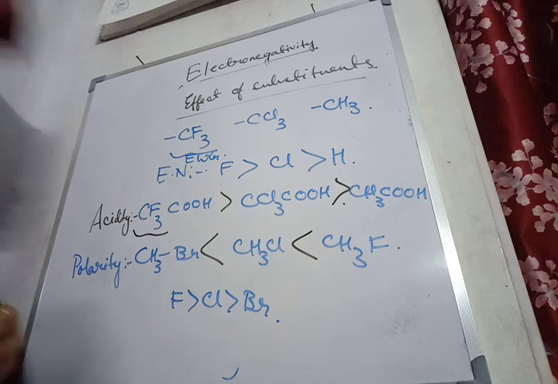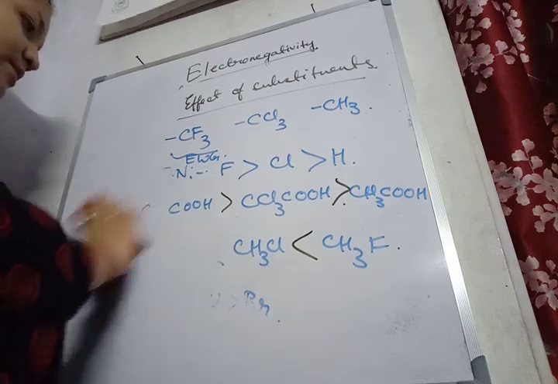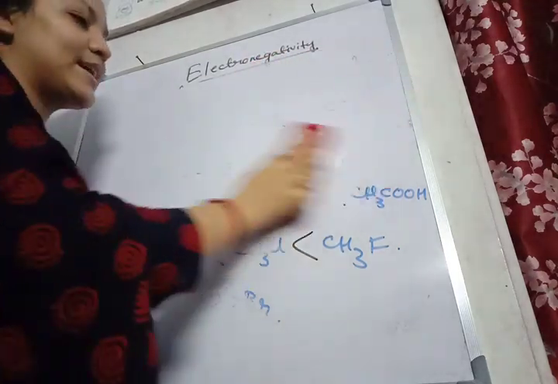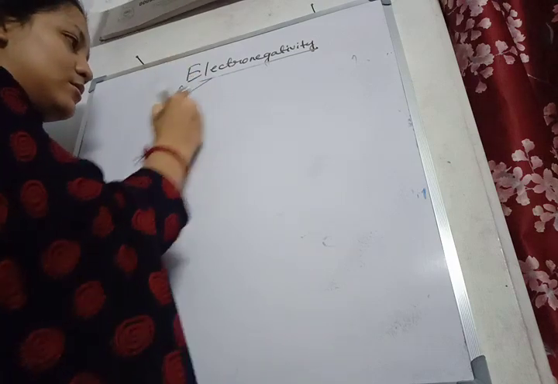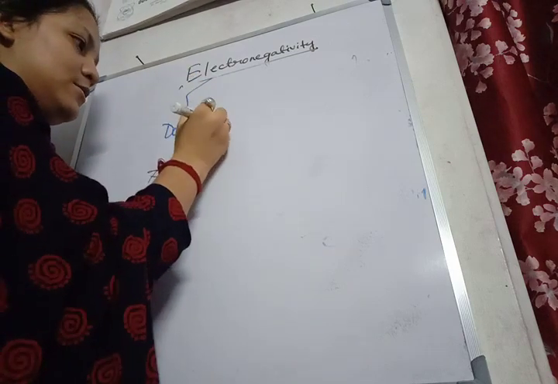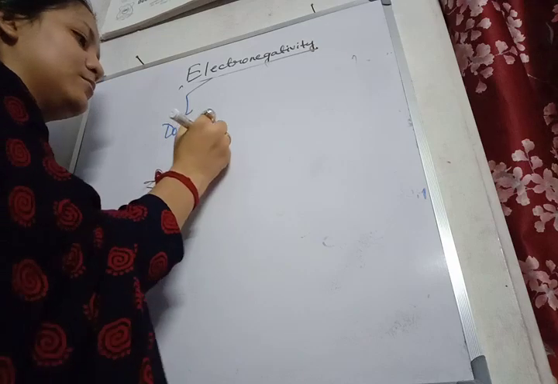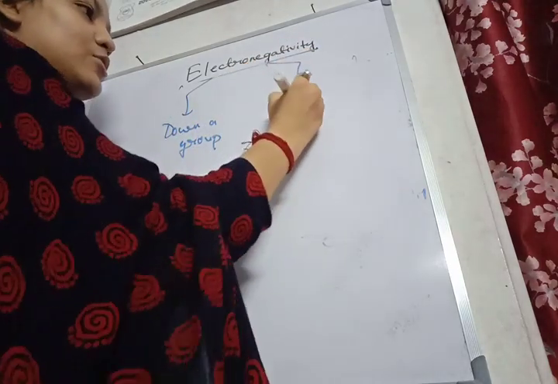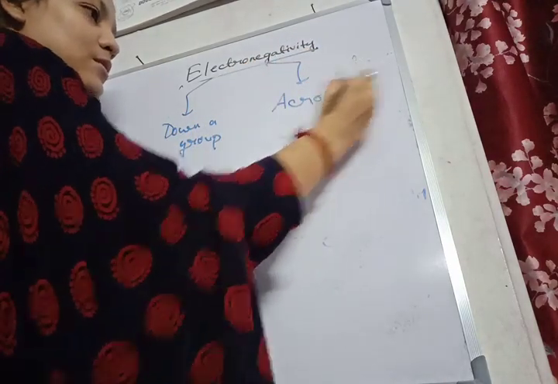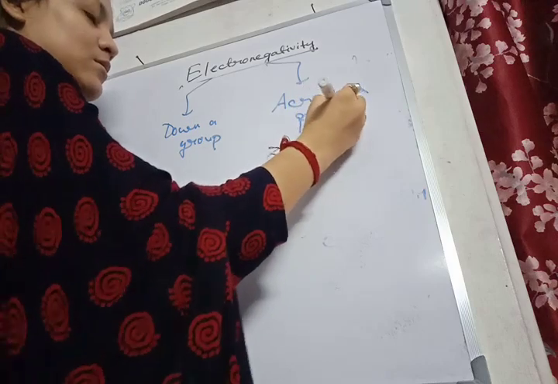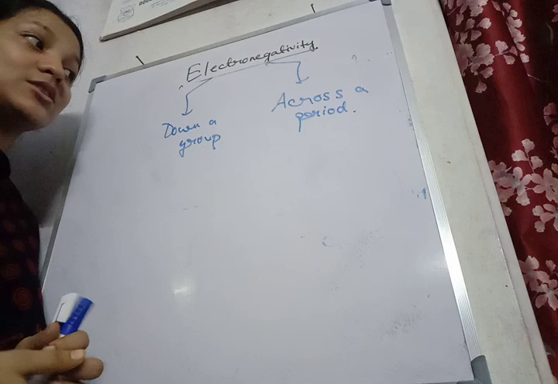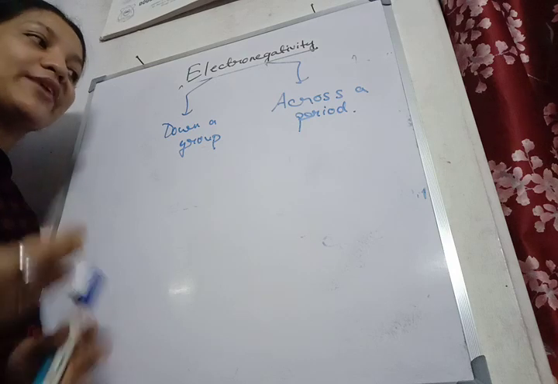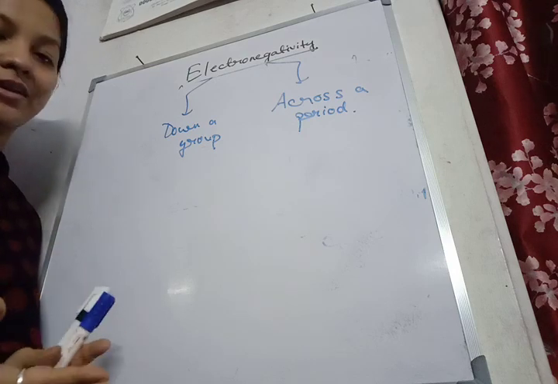Now we'll talk about the periodic variation, periodic trends. On moving down a group and across a period, what happens? On moving down a group, the atomic size increases and the nuclear charge also increases, but the effect of increase in atomic size predominates, right?